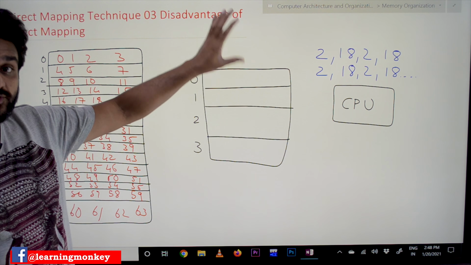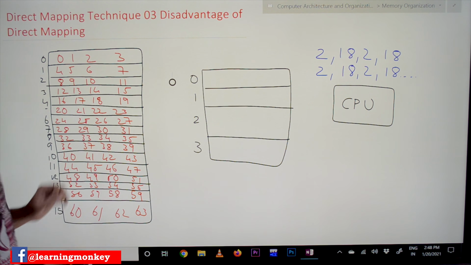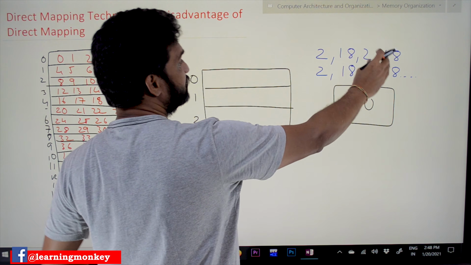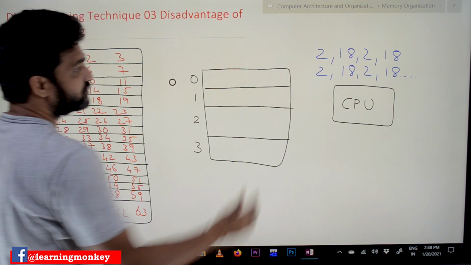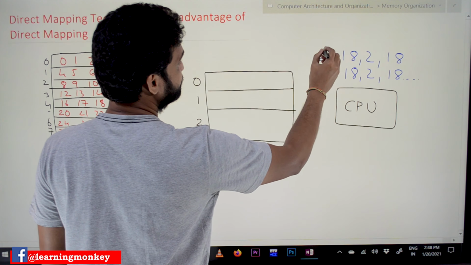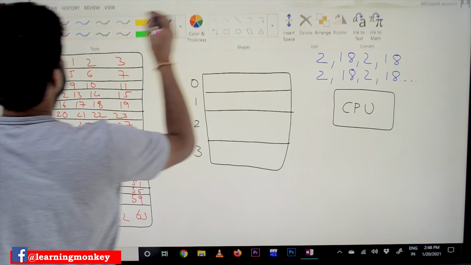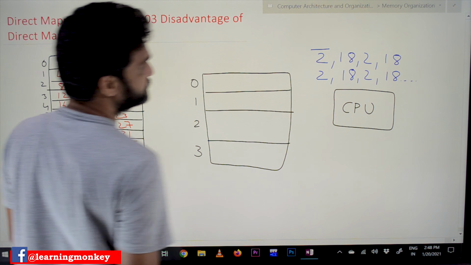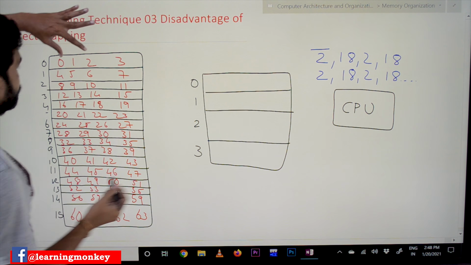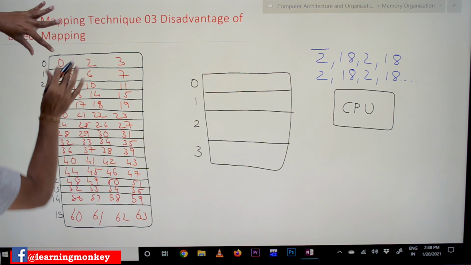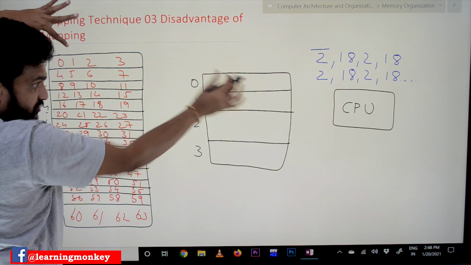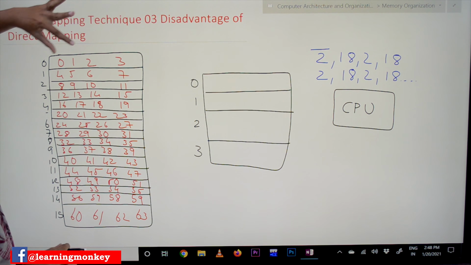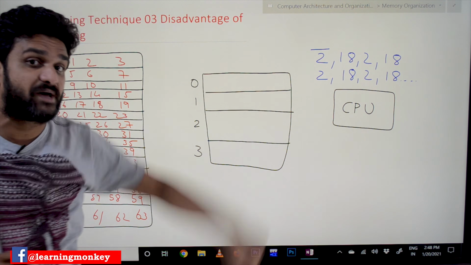These concepts have already been discussed. Now the CPU is requesting words. The first request made by the CPU is word number 2, and word number 2 is in which block? The 0th block. So this 0th block has to be transferred onto the cache memory. Where does it go using the direct mapping technique?